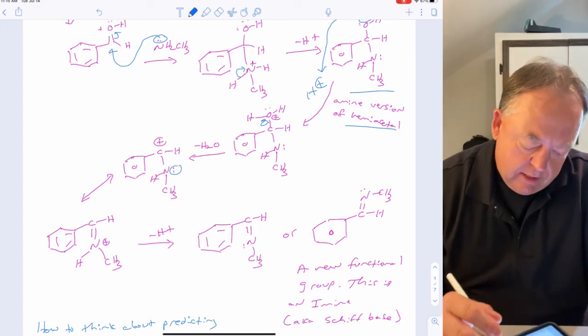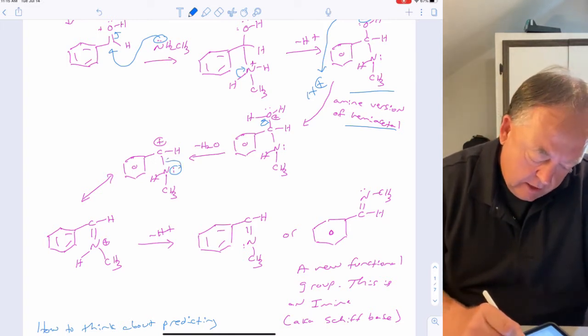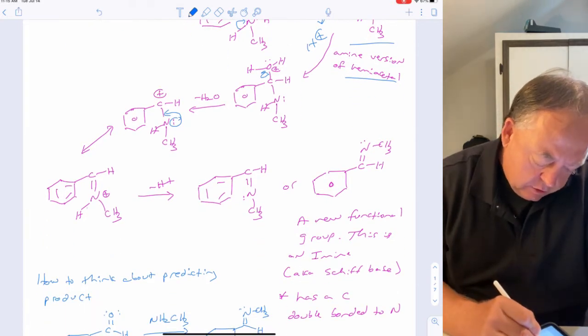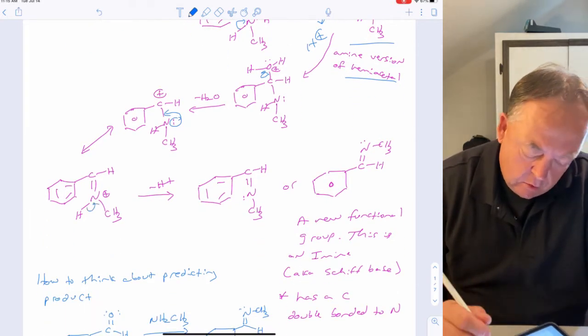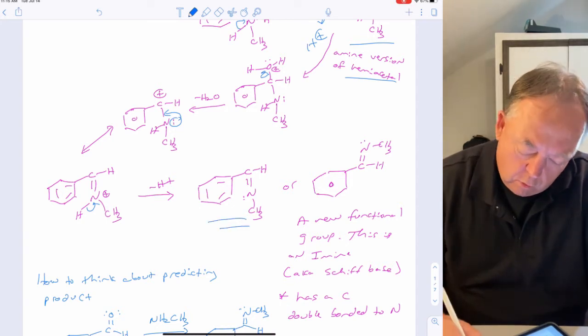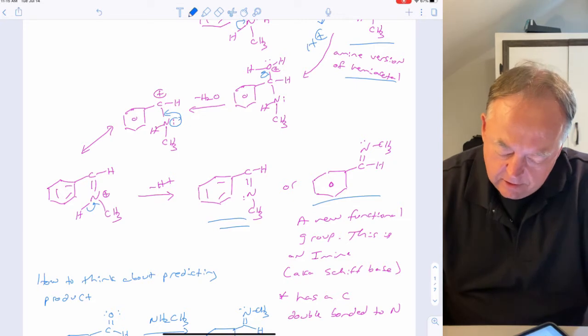What happens with amines instead is we can take this lone pair and make a carbon-nitrogen double bond, and then lose a hydrogen from that nitrogen and make a lone pair on nitrogen, and make this as your product, or more commonly we'd draw it flipped upside down.